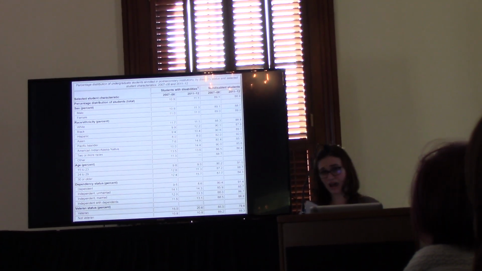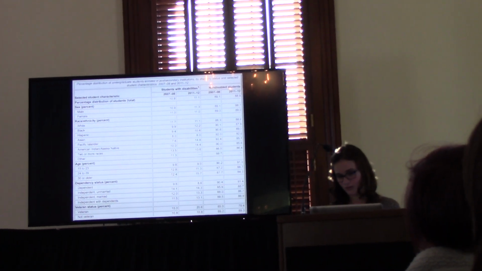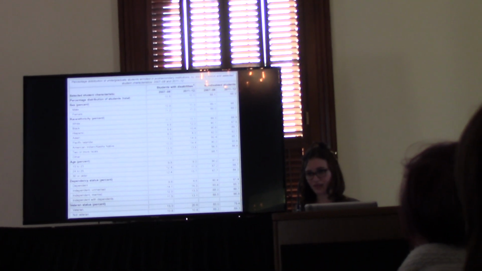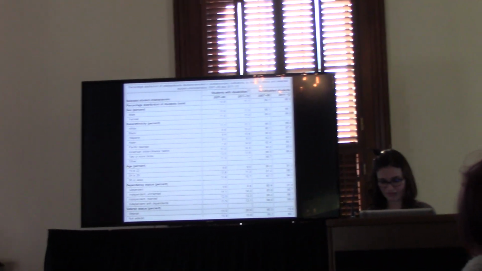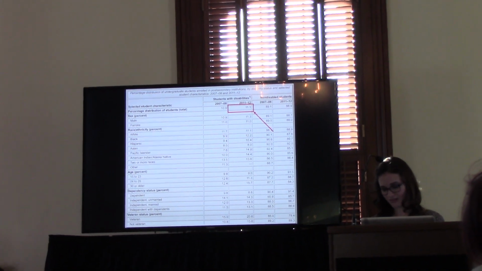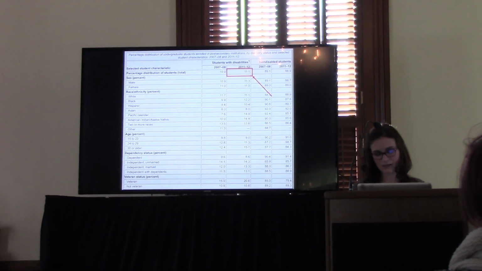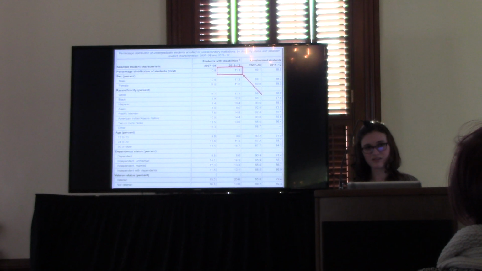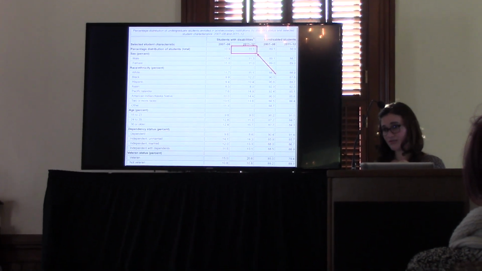Here are some key facts and figures I'd like to share with you. According to the National Center for Educational Statistics, 11% of students attending college nationwide have accessibility challenges.